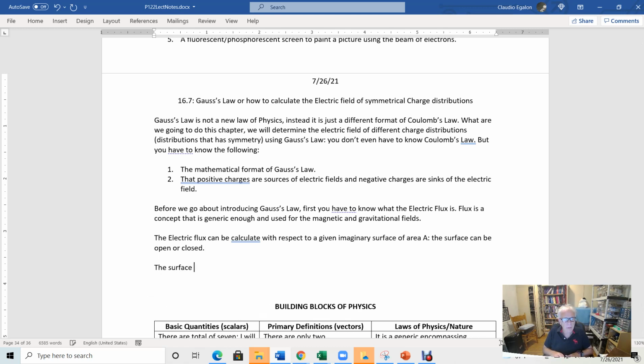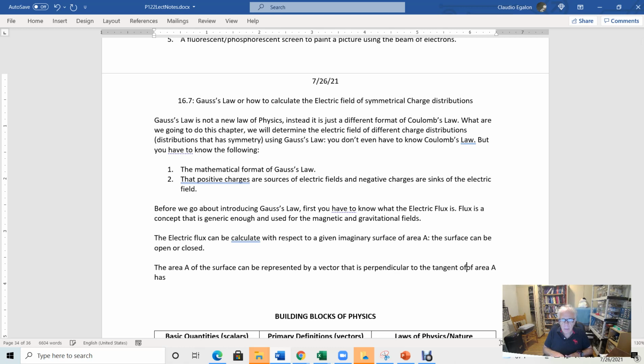The surface of area A can be represented by a vector that is perpendicular to the tangent of the surface.